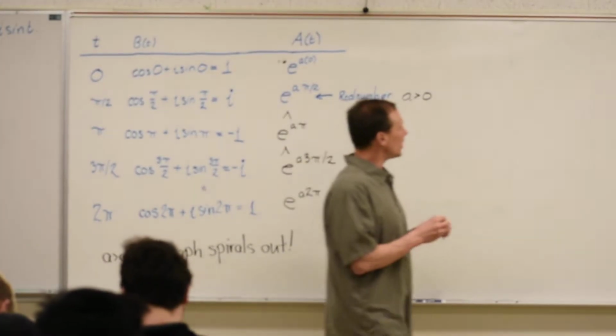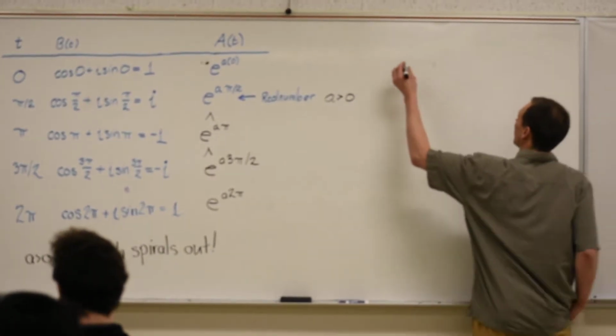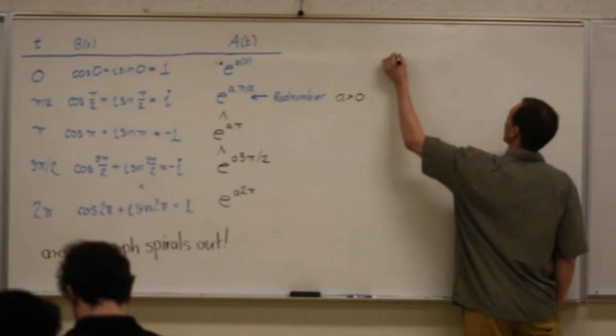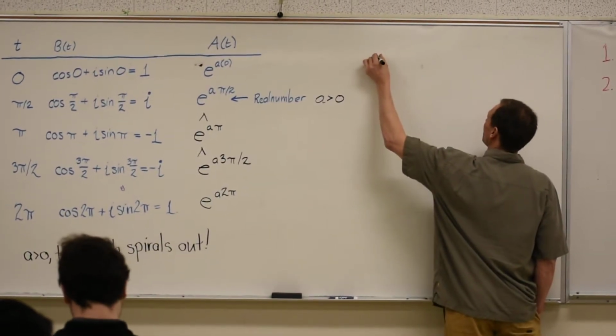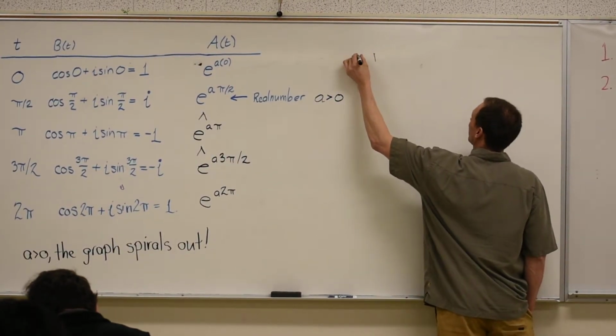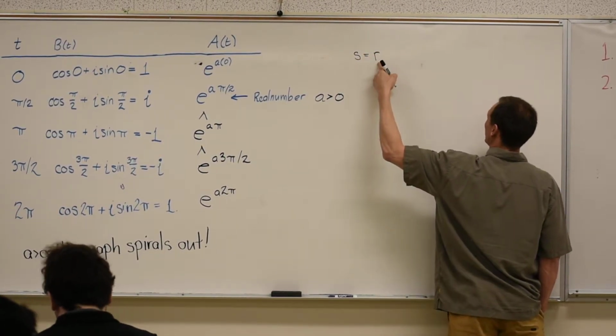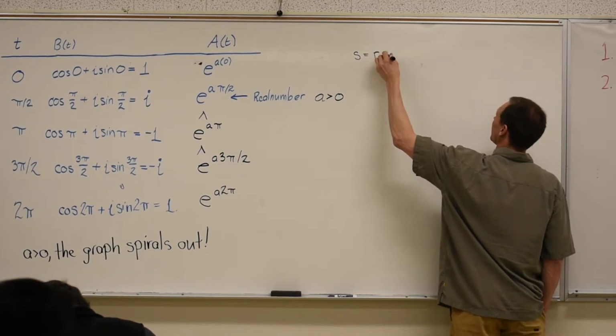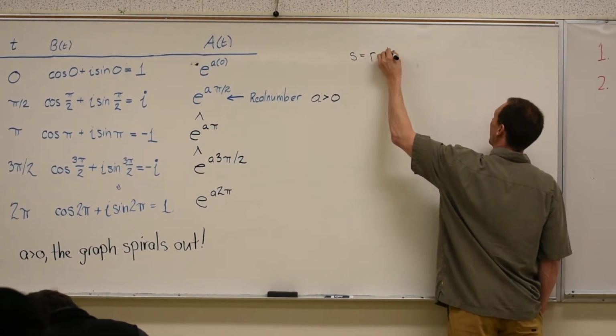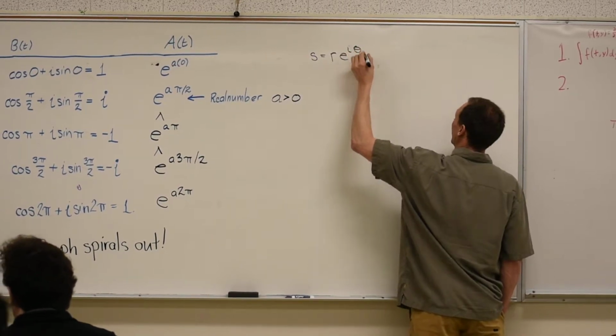Today, one thing I want to show you a little bit. If I have some complex number s, and this is something we've done, you can write it as the modulus times e to the i times some angle theta.